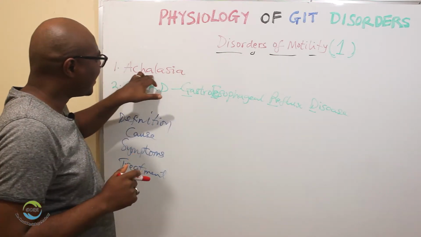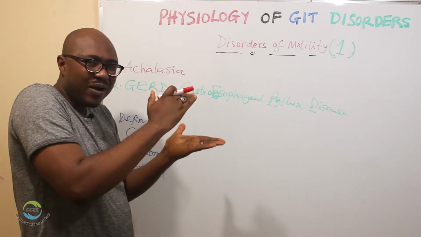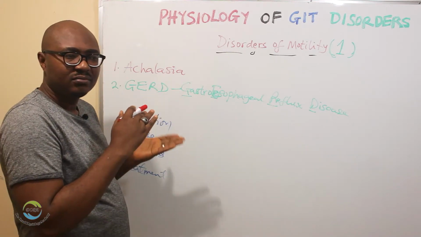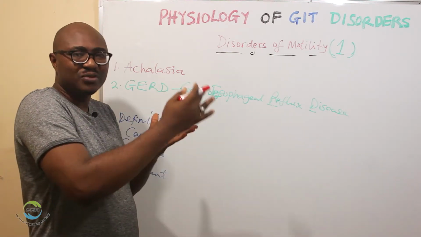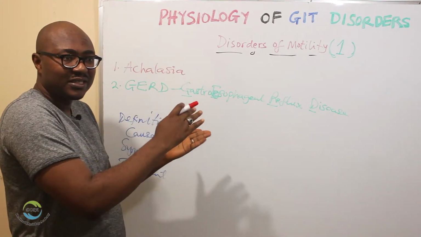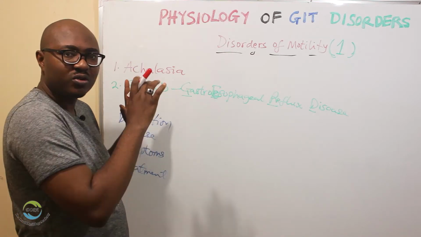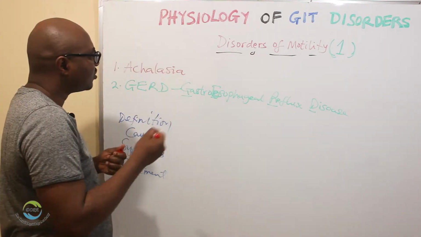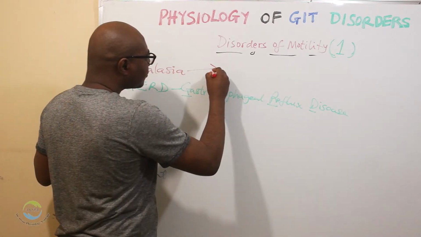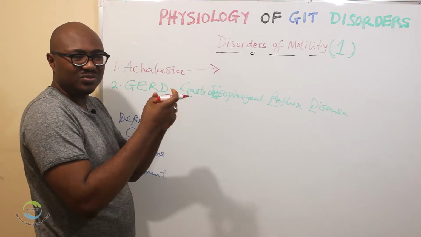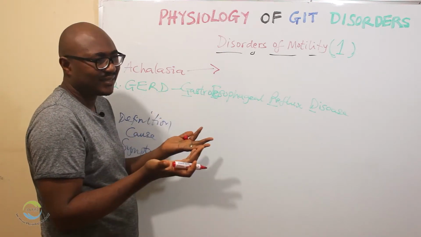Now, in this achalasia, there's a problem with the lower part of the esophagus. Most of the time, the lower 1/3 of the esophagus that is going towards the stomach. And it also affects the lower esophageal sphincter. And this problem is a failure of the muscles there to relax well.